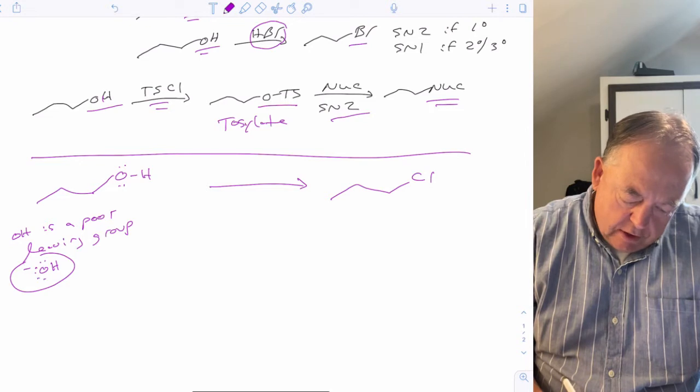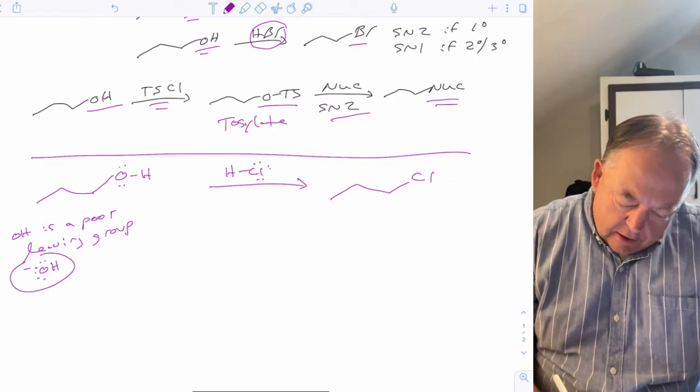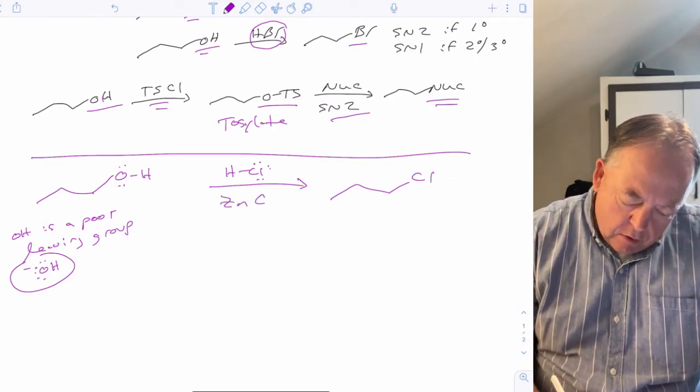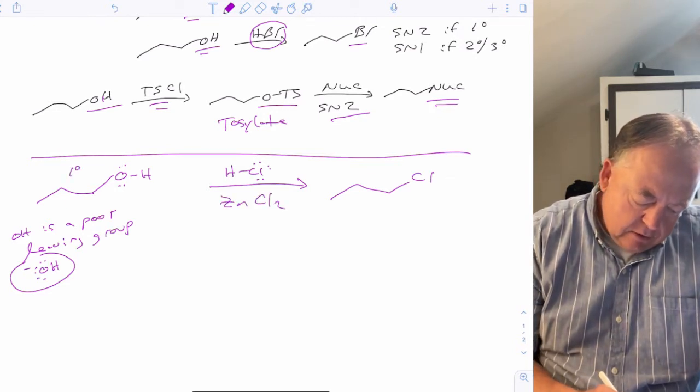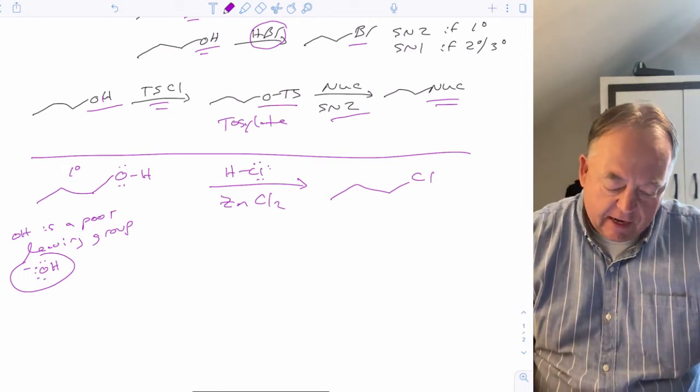And so one way to do that is to react it with HCl. If it's a primary alcohol, then typically one would use a catalyst, zinc chloride, to make this reaction faster.